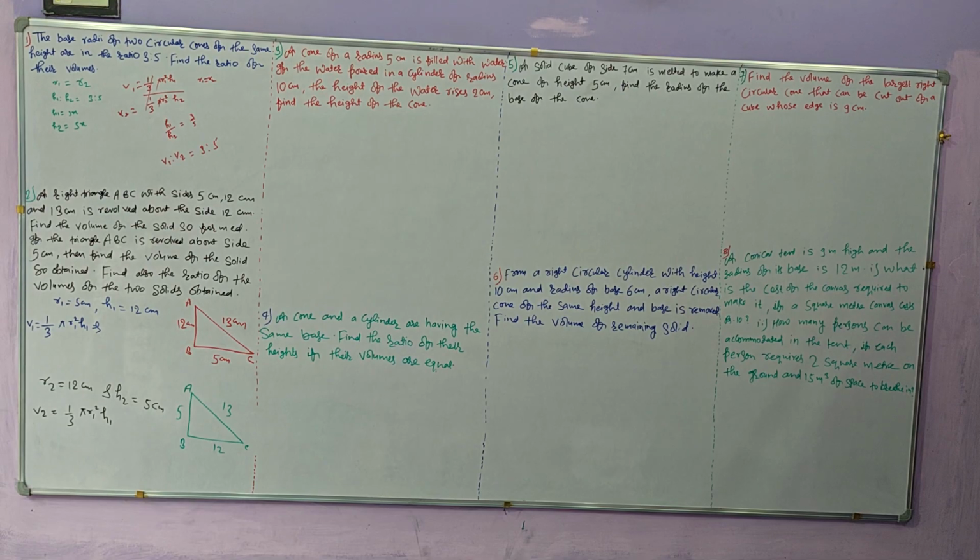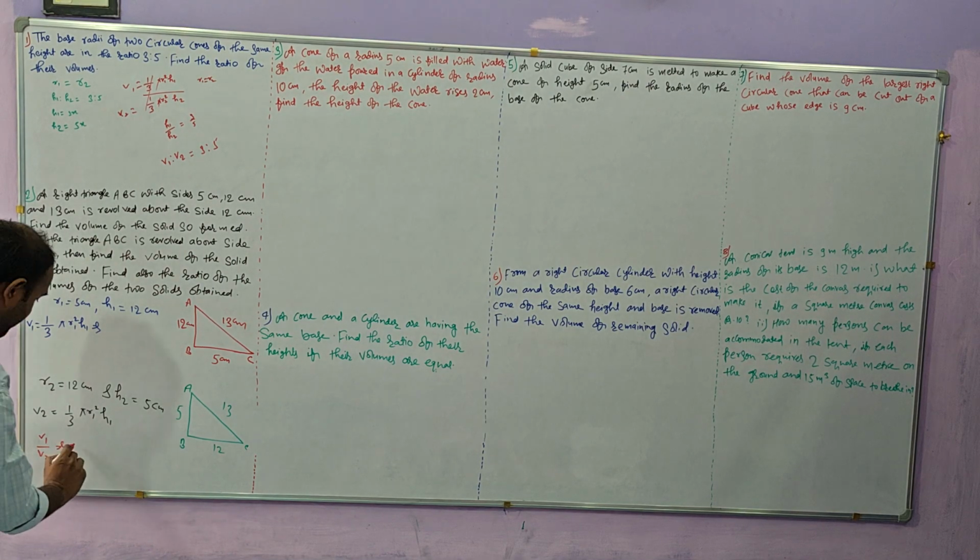Find the ratio of the volume of the two solids. So V1 upon V2, we need to find out. 1 upon 3 pi is going to cancel, 1 upon 3 pi is going to cancel.